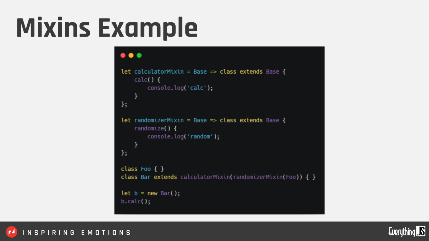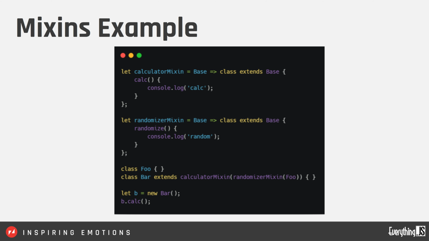In this case, base is foo, which is a class which doesn't have any implementation, and randomize mixin will simply add the randomize method to it. So we get an anonymous class which has the randomize method in it now. Afterwards, we are going to execute calculator mixin. On top of that anonymous class which we created, which is the argument for calculate mixin, it is going to add the calculate method and create another anonymous class. So now in the anonymous class, we have calculate and randomize methods. And finally, bar is extended by that particular class.